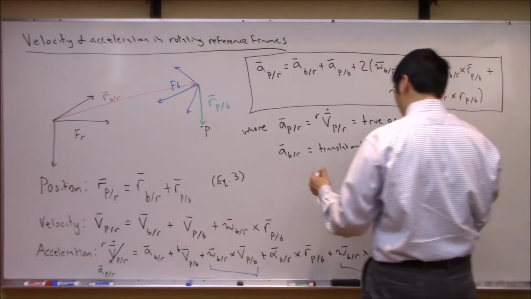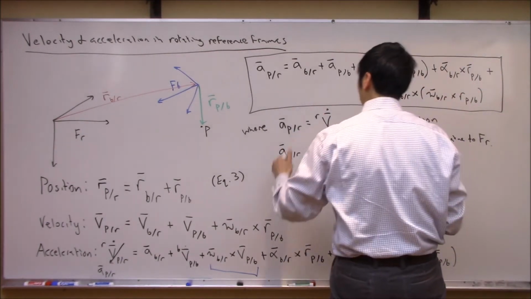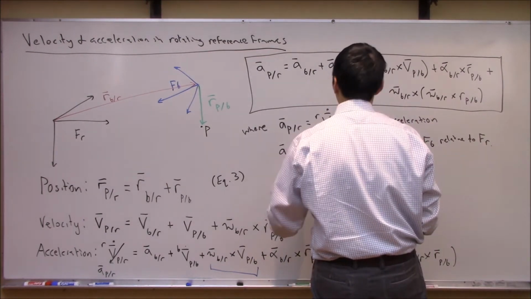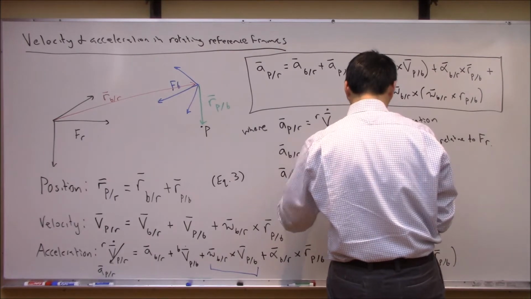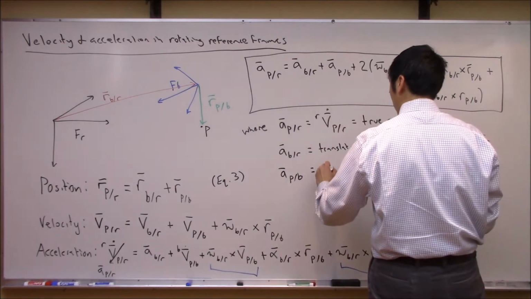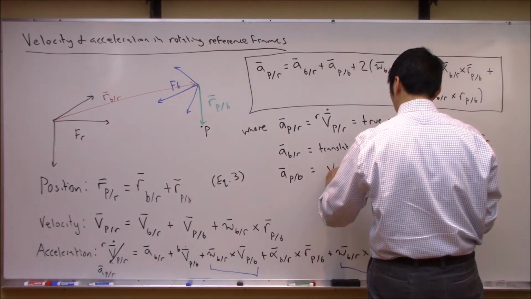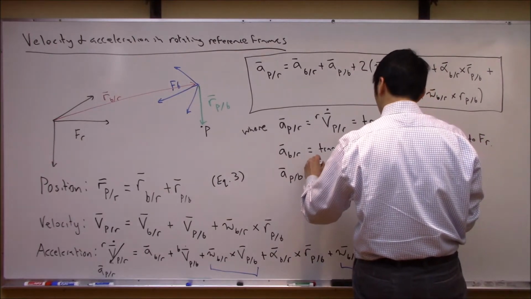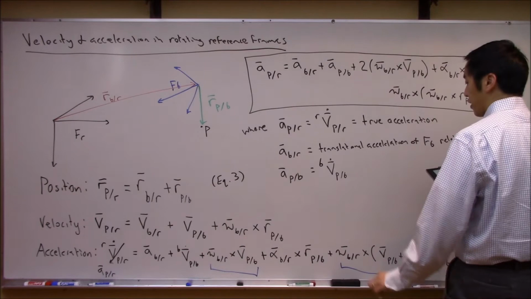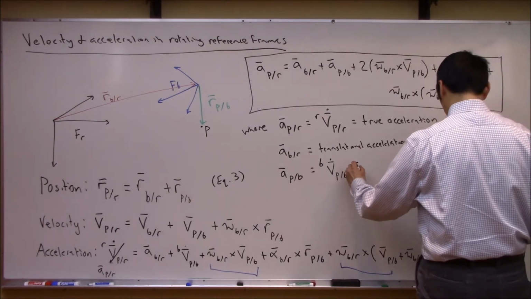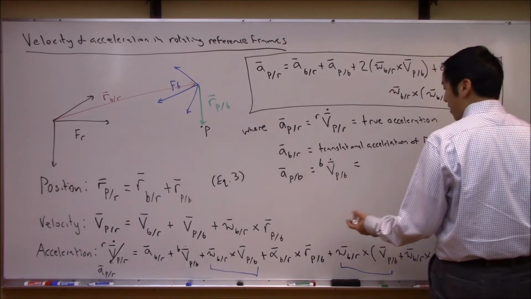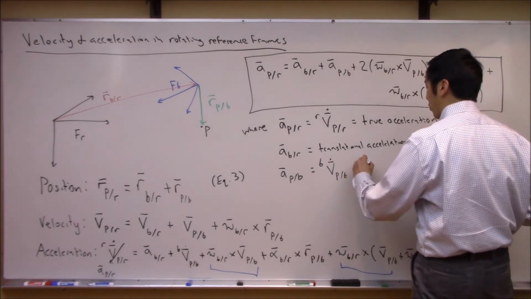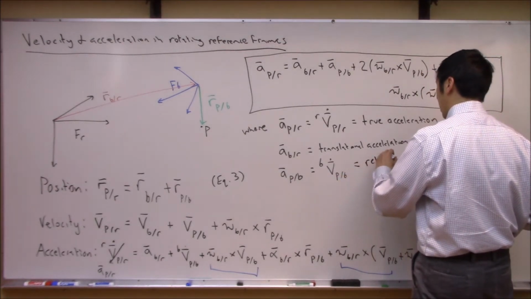And then we have this term, A_P with respect to B. We said this was the same notation as the velocity of P with respect to B, its time derivative with respect to the body frame. I think that's the substitution we made earlier. This is actually the interesting term, sometimes referred to as the relative acceleration.